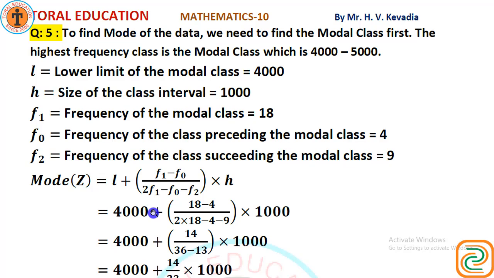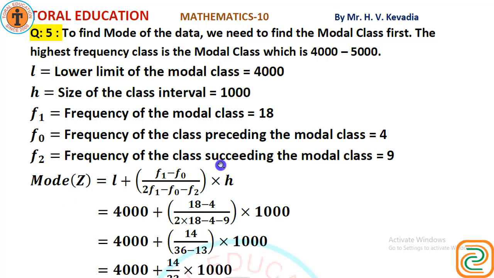Now question number 5. The given distribution shows the number of runs scored by some top batsmen of the world in one-day international cricket matches. Find the mode of the data. We need to find only mode. So the modal class is 4000 to 5000 because it has the highest frequency 18.